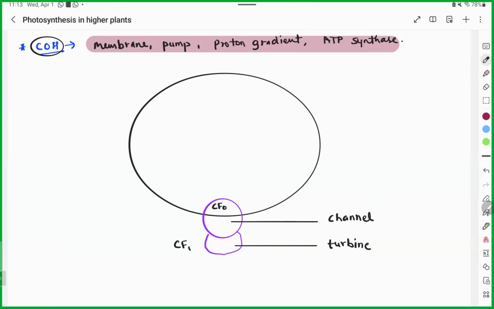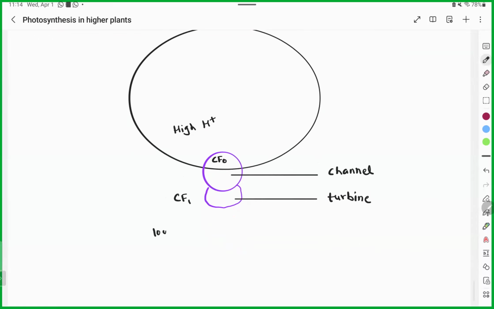So you already have high H positive concentration inside and low H positive concentration outside. When hydrogen passes from inside to outside, it should pass through the channel, correct? And this channel is integrated inside the membrane. When the same water hits the turbine CF1, what will happen?